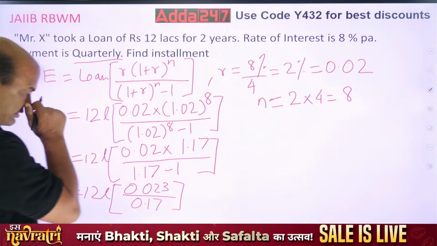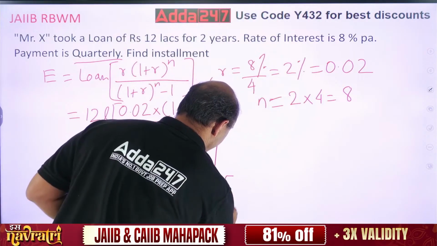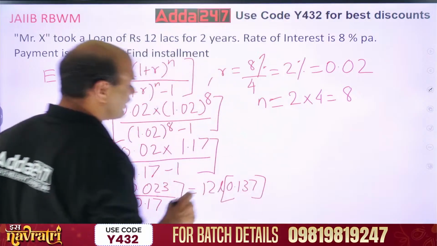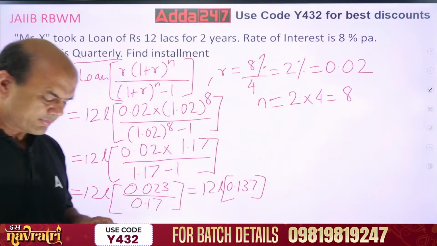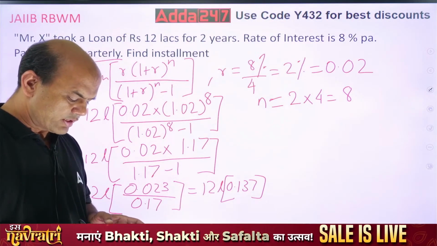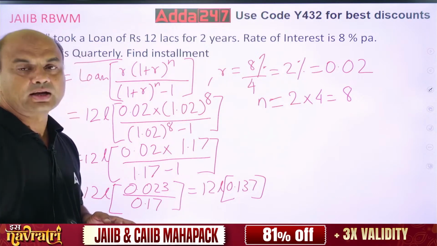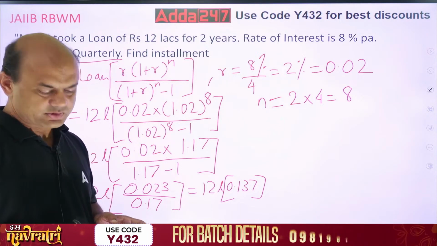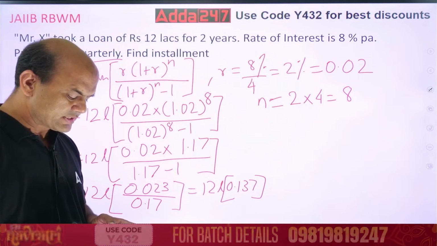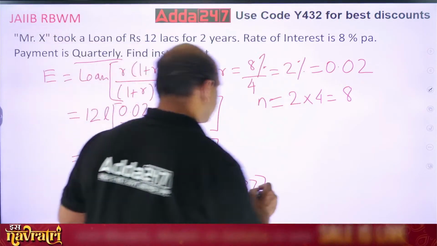So 12 lakhs into 0.137. Now multiply this. Now take all the zeros. So 12 lakh means what? 5 zeros. So 12 lakhs equals, kindly note, 12 and then 5 zeros. So you must get this as 165,176.